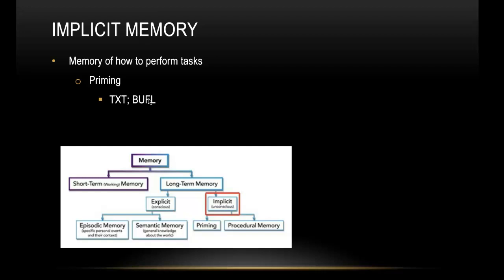So the letters TXT, your brain is most likely reading that as text, or BUFL is being read as buffalo because of priming, because of the way you have read words and learned the alphabet all your life. That's just how your brain is going to automatically see those letters.